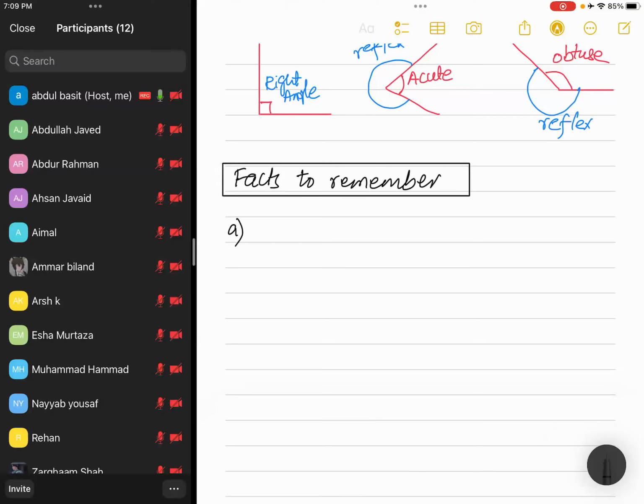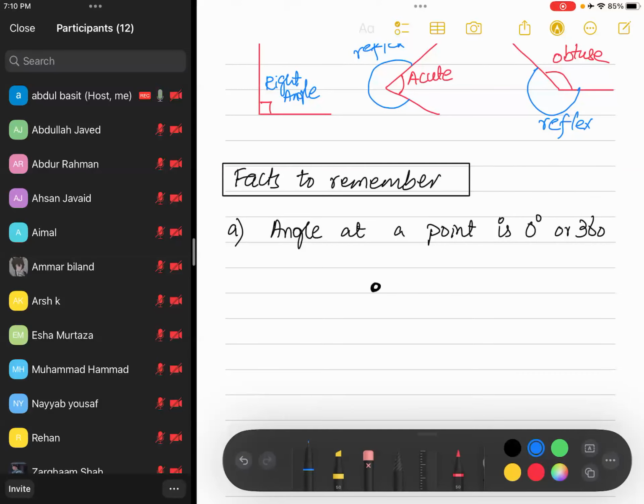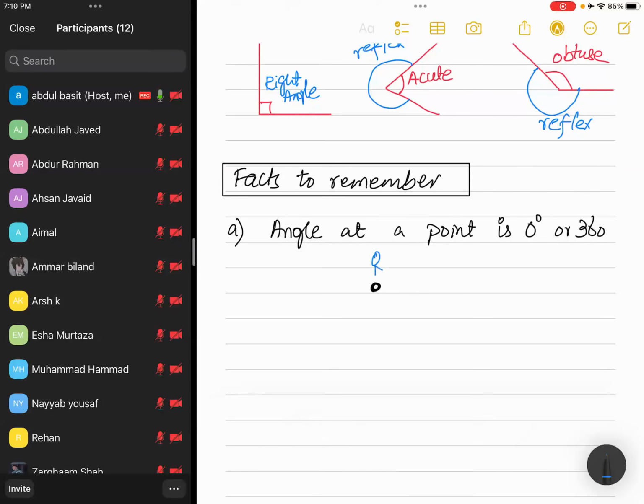The first fact is: angle at a point is 0 degree and 360 degree. Beta, this is a point. If for example I am standing here and I take one complete rotation, I'm standing at the same position.